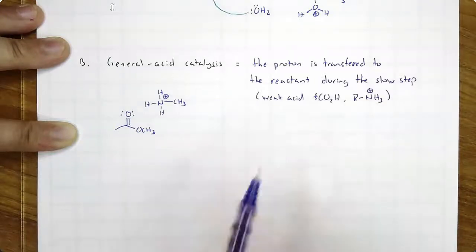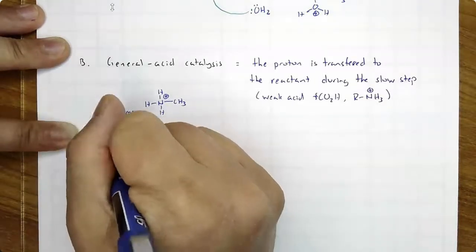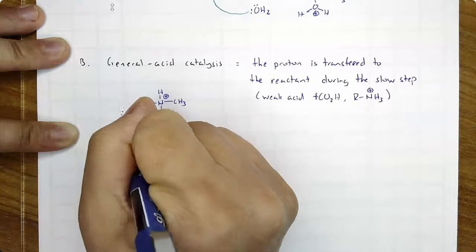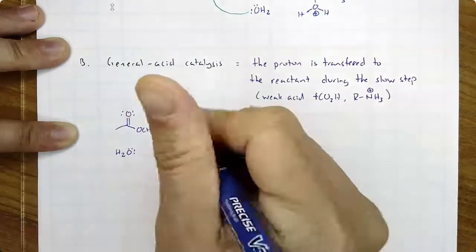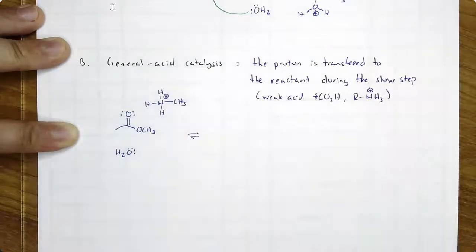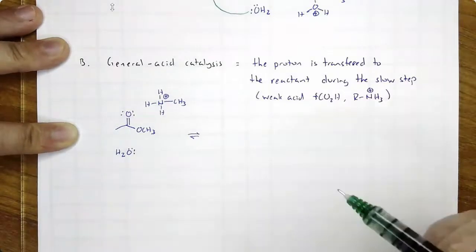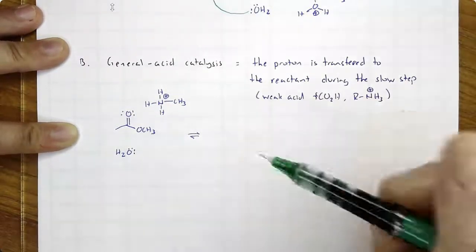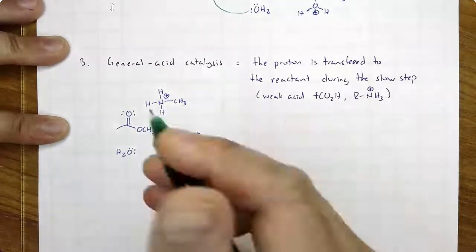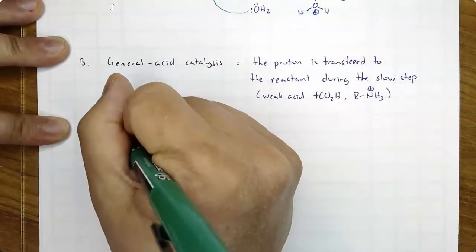During the slow step is when the attack happens, when water attacks. So this is something that I would never see taught in an organic chemistry class. But when we're looking at enzymes, this happens.